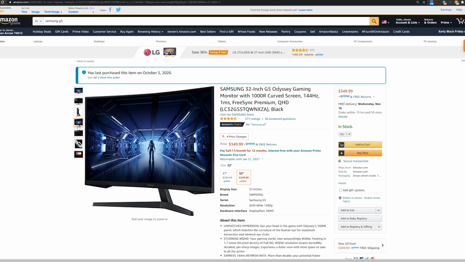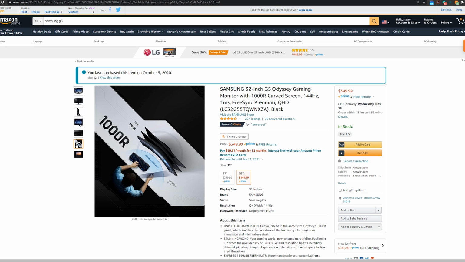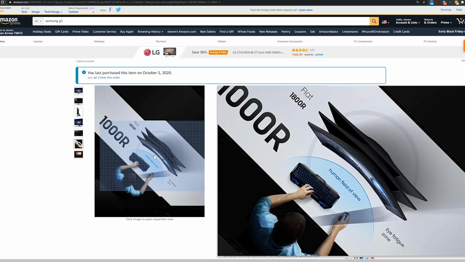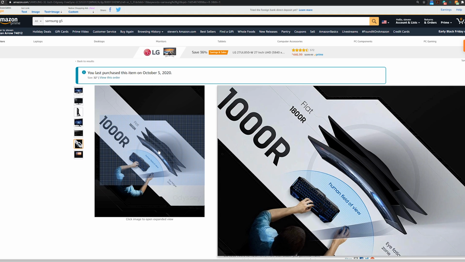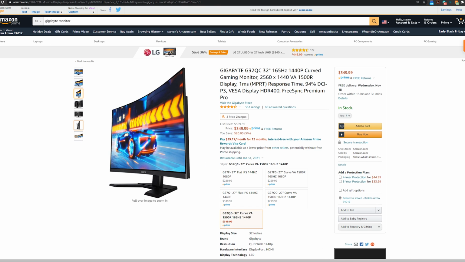So viewing angles are really good if you're dead on, but not something you want if you're off to the side. So flat, 1800R, then 1000R, and the 1500R curve is obviously in between the 1000R and the 1800R. So that's the next difference.